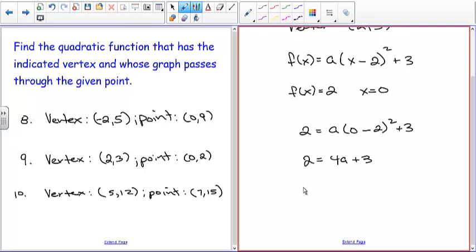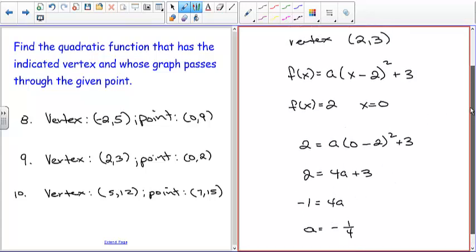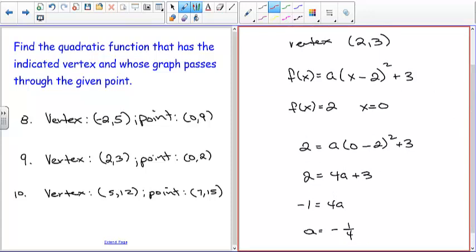Subtract 3 from both sides, you get negative 1 is equal to 4a, or a is equal to negative 1/4. So divide both sides by 4. So that's your a. So now again we can go up here and substitute those in. So the final answer is f of x is equal to negative 1/4 times x minus 2 squared plus 3.